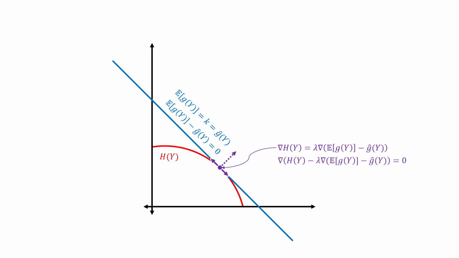Okay, so we can rewrite this, of course, bringing one side over to the other, and we get this expression. Well, what is this expression? This expression is just the gradient of the Lagrangian, right? So this is how the Lagrangian is representing our constrained maximization problem, right?